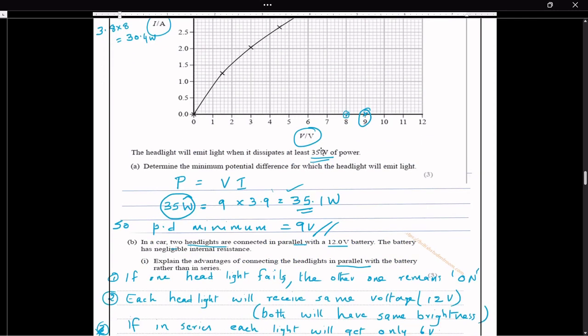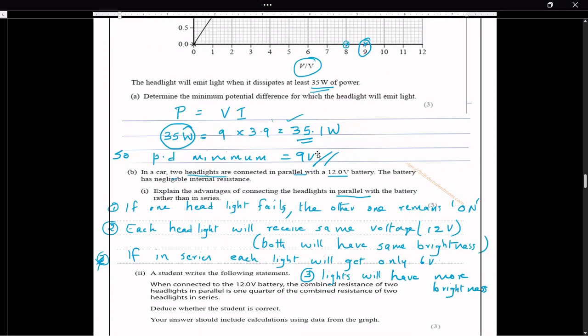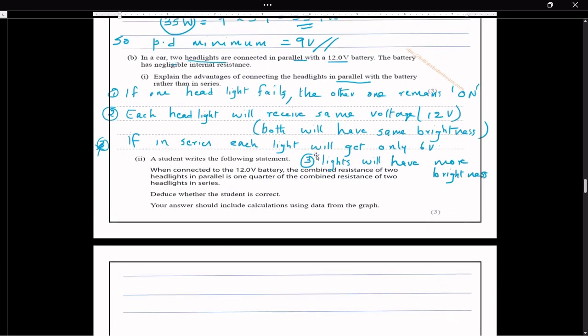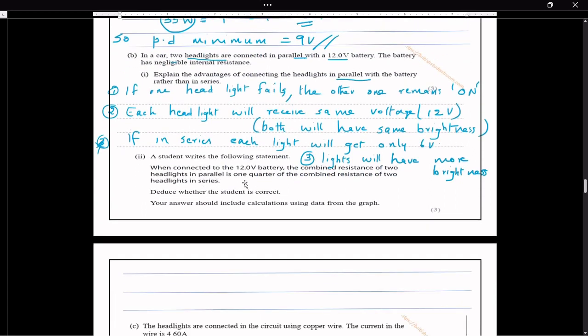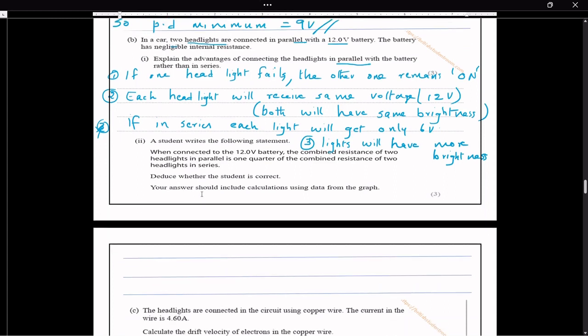So from the graph, connected to the 12-volt battery, in parallel or in series, the total resistance is what we have to find.